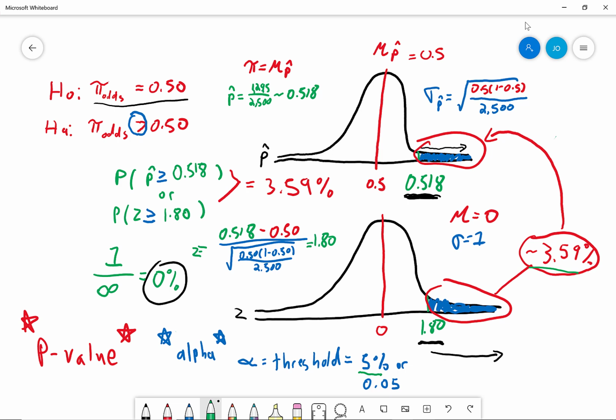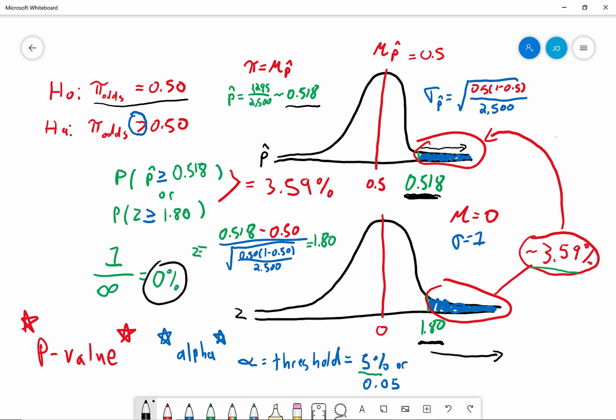Our p-value is less than alpha. Let's think about what that represents. Suppose we had a different sample proportion. For instance, in our previous sample, we saw a sample proportion of 0.518. We received 1,295 odd rolls out of 2,500.